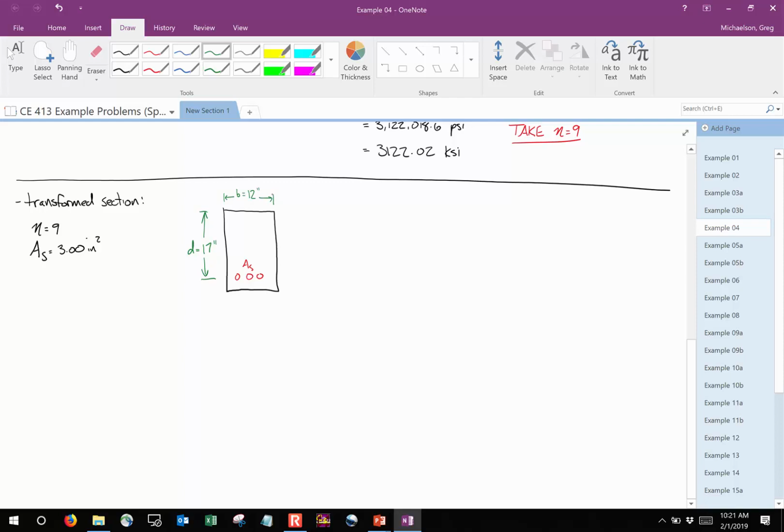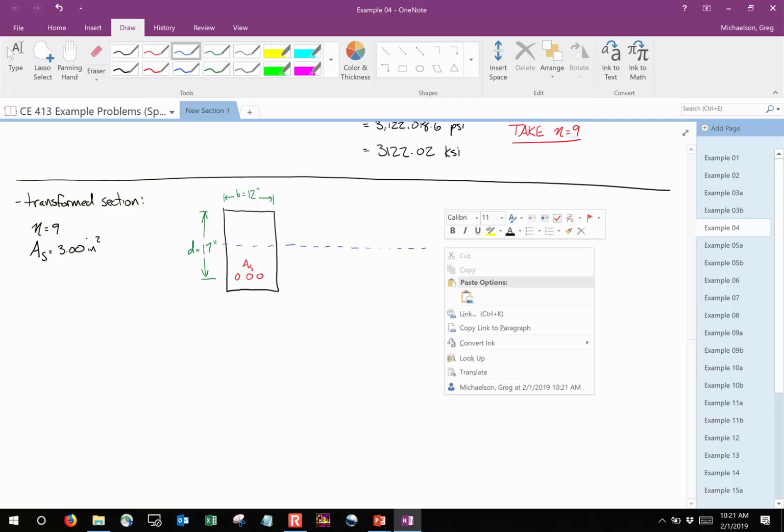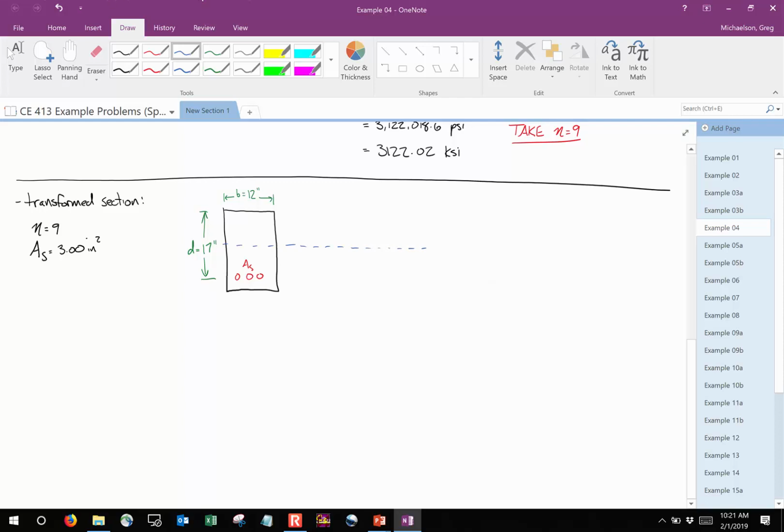Sound good? So, first off, in order to do a transform section analysis, you have to determine where the neutral axis is. So I'm going to have the neutral axis out here, and I really don't know where that is. There we go. Now, we'll get to that here in a second.